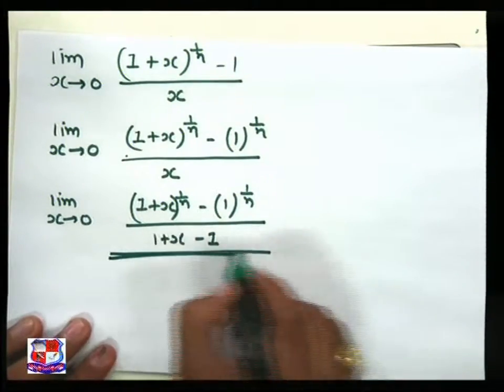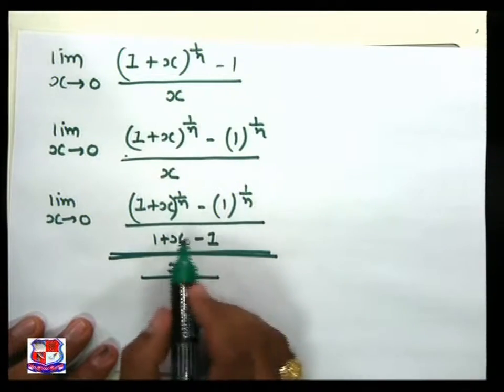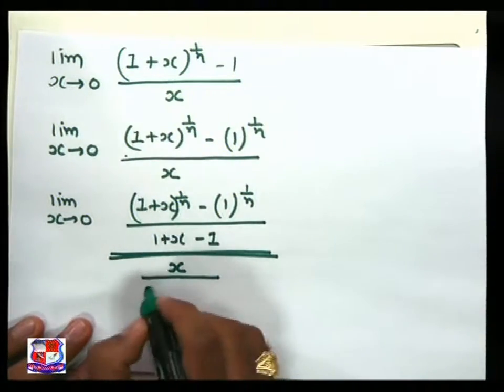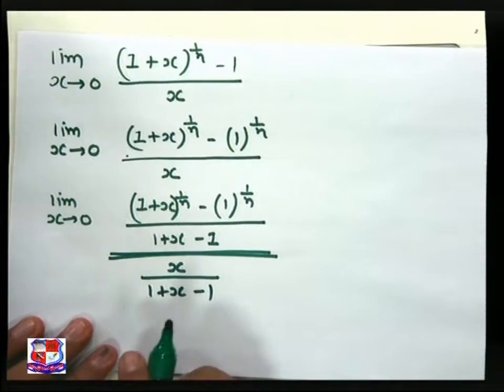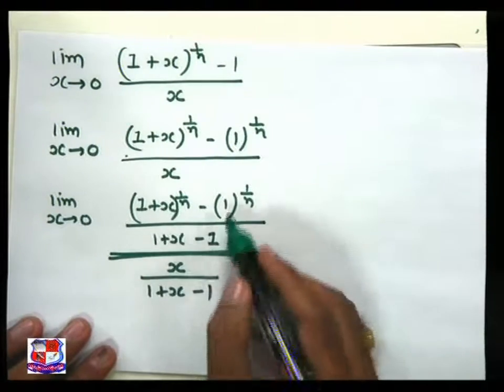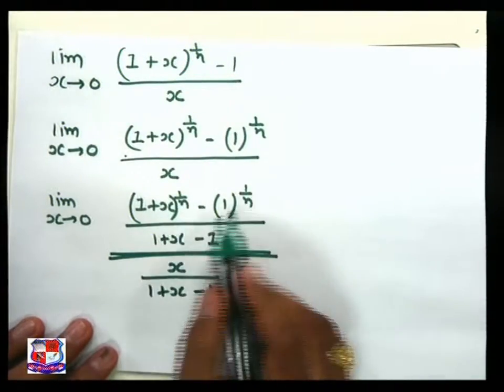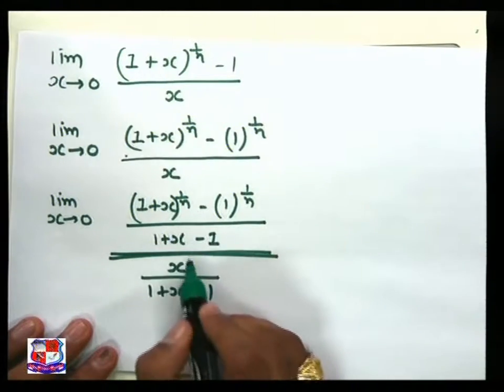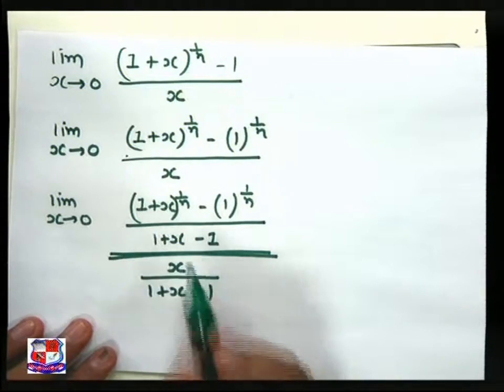Same way here x divided by 1 plus x minus 1. Now time to simplify. Here raised to n, here raised to n, and here without n, but look at the denominator, here only x, so we must convert with power.